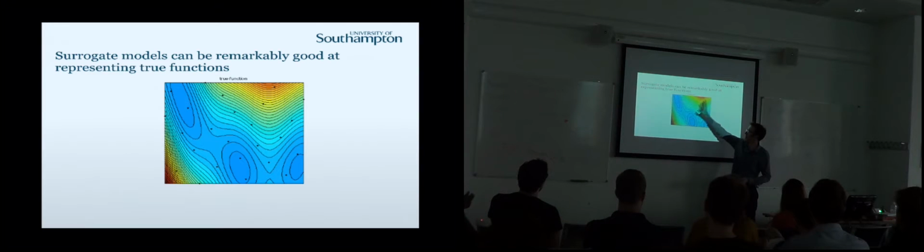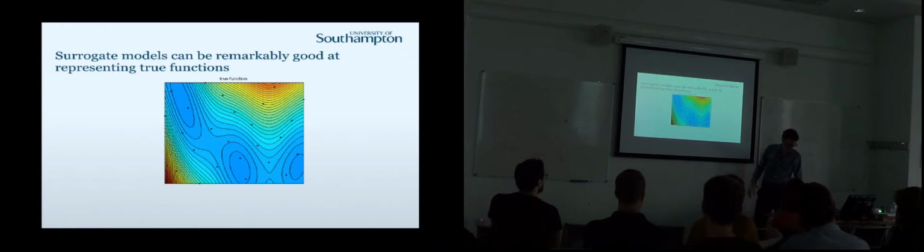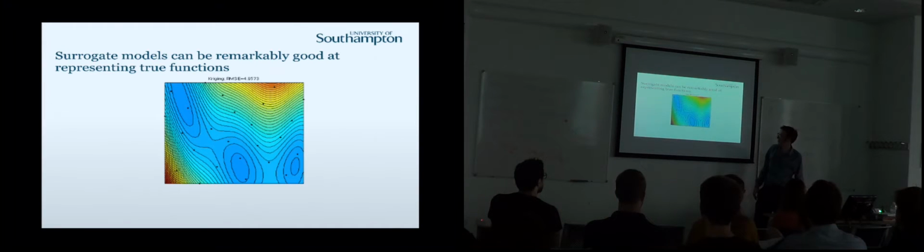So if it takes a day to calculate one value off here, we're not going to just run an optimizer on this because we'll be there forever. Instead, where these black dots are, we've run 20 simulations, and we actually get that as our surrogate model using a Gaussian process method, popularly known as Kriging.